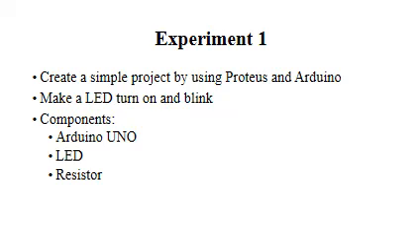The software required here are Proteus and Arduino, and we will use three types of components. Those are Arduino UNO, LED, and the last one is a resistor. The working sequence will be: first we will start creating a project in Proteus, then we will design the circuit in Proteus, then we will write code in Arduino software, which will control the designed circuit.